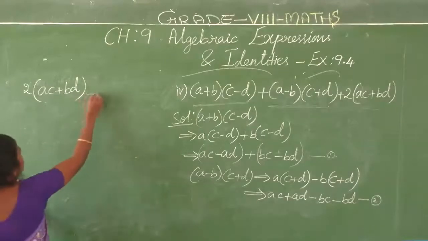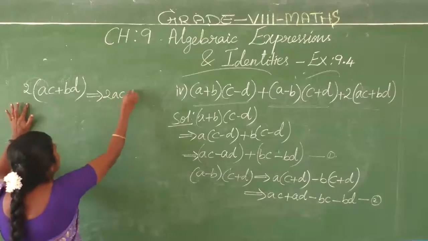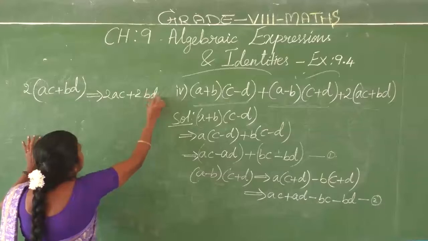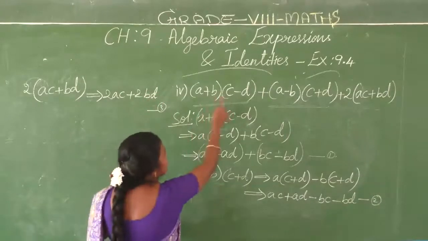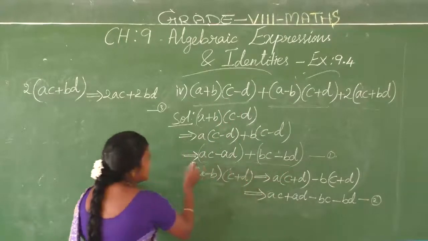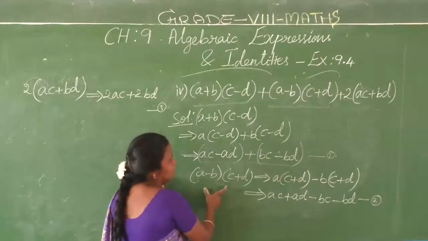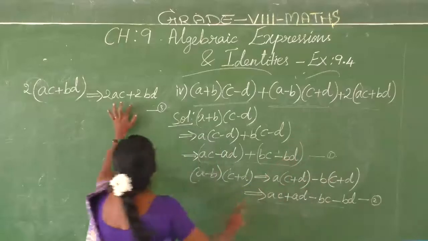Here what comes? 2 into ac, 2ac, plus into plus is plus, 2 into bd, 2bd. This is the third part answer. First part, I took these two binomials and multiplied, and at that time I got this answer. Second part also, two binomials product only given, and I got this answer. Third part answer is this one.